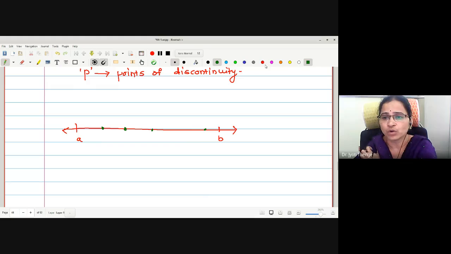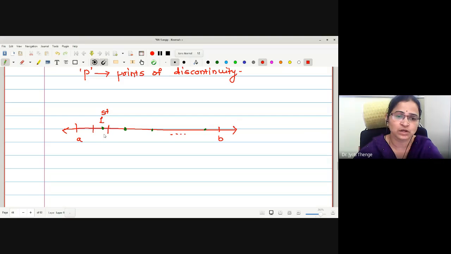Now we are going to mark the partition of this closed interval AB such that these p points of discontinuities get covered in every subinterval. As this is the first point of discontinuity, I will mark points around it. Therefore, these are the 2 points in the partition we are going to select, and the first point of discontinuity is covered in one of the subintervals.